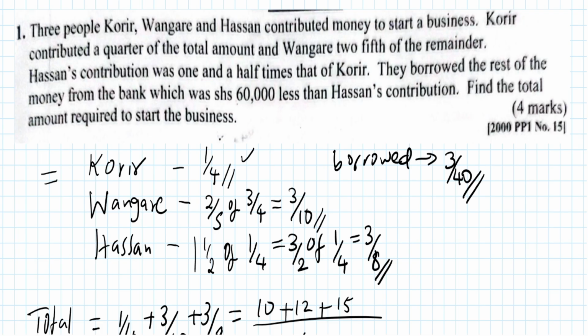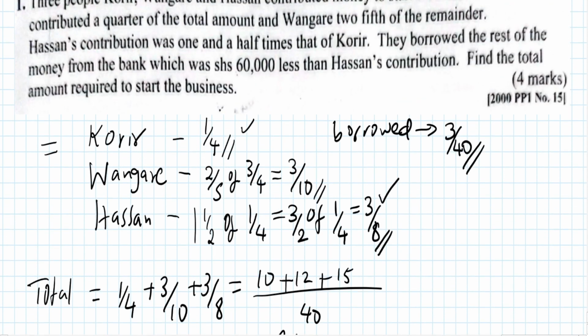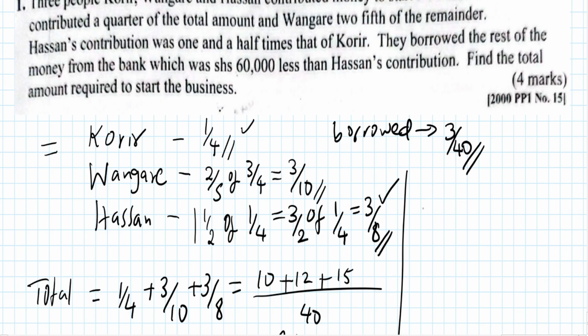That means Hassan's contribution was more, and Hassan's contribution was 3/8. So Hassan having a larger contribution, you can take Hassan's contribution, which is 3/8, minus the one that they borrowed, which was less. So 3/8 minus 3/40 will give you 3/10.